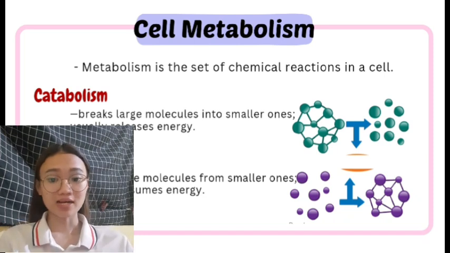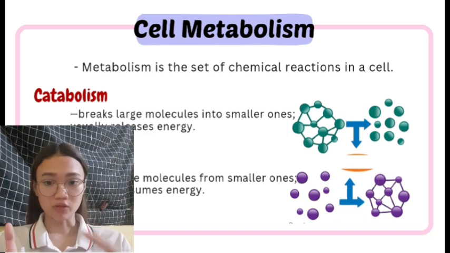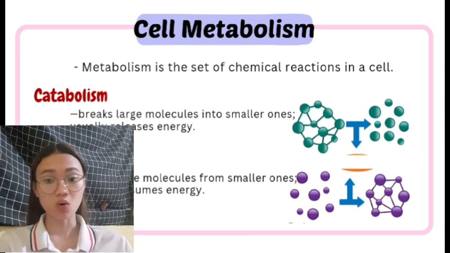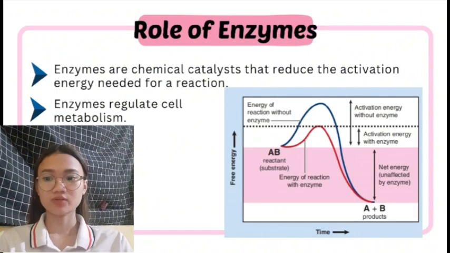So kung si catabolism is sinisira niya yung mga molecules, si anabolism naman is binubuo niya yung mga molecules. Si catabolism is siya yung nagre-release ng energy, and si anabolism naman is siya yung nagko-consume ng energy.